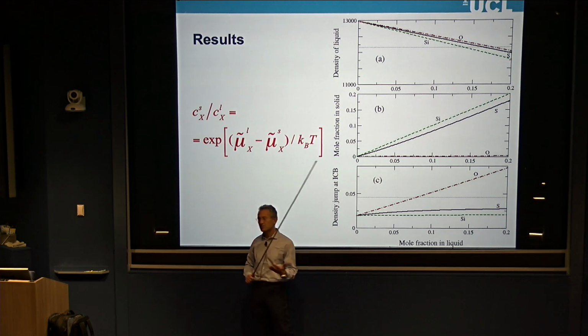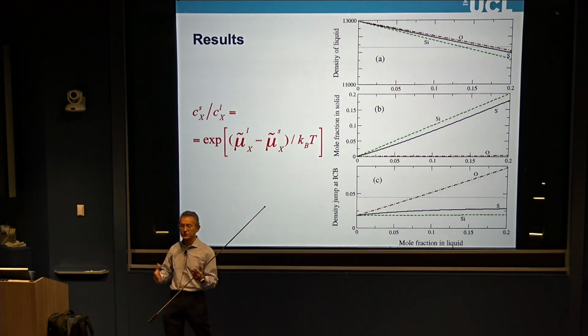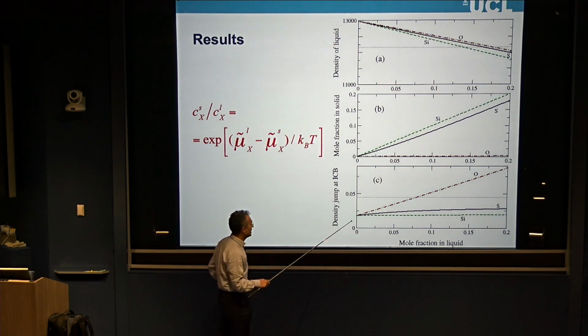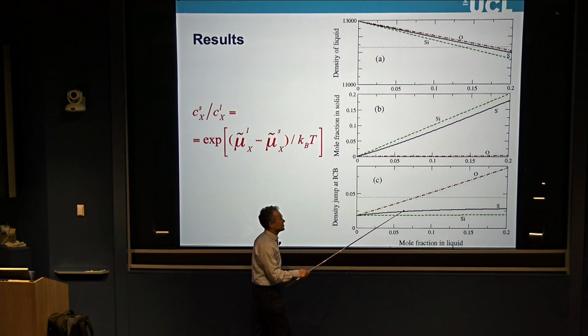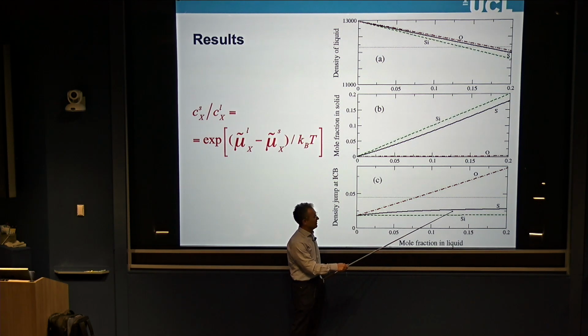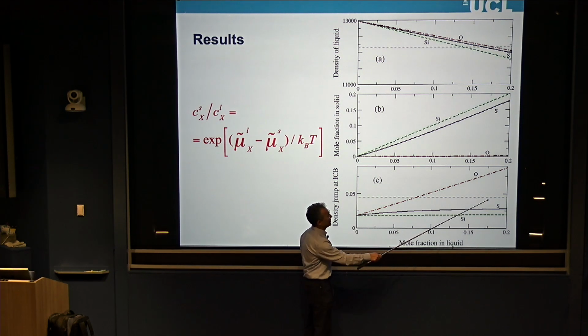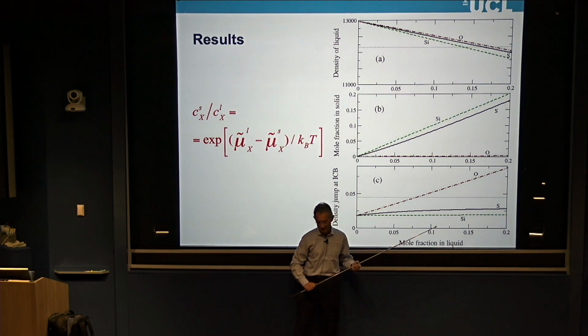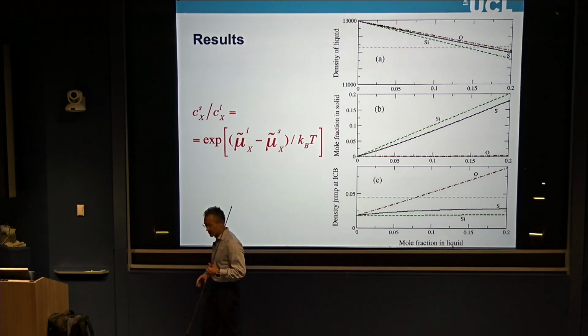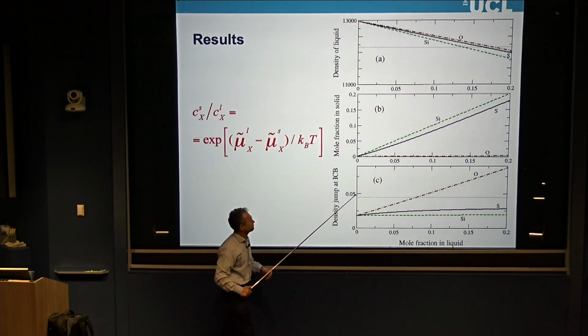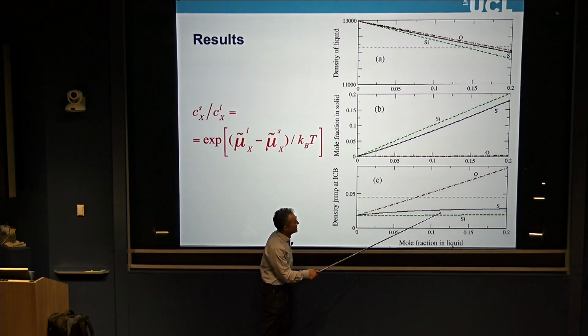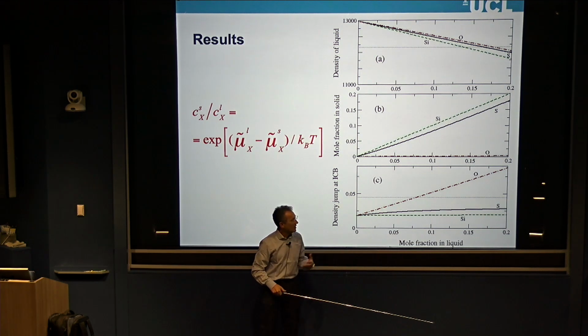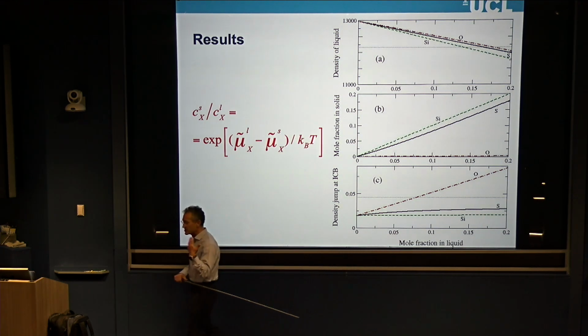So there is very little partitioning of this impurity between the two. And as a result, the density jump does not change very much. And in fact, you cannot reach the density jump that we measure for the Earth's core. So that tells you that a simple binary mixture of iron and sulfur or iron and silicon has to be excluded based on this data.